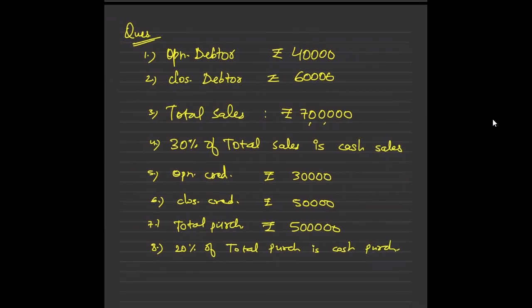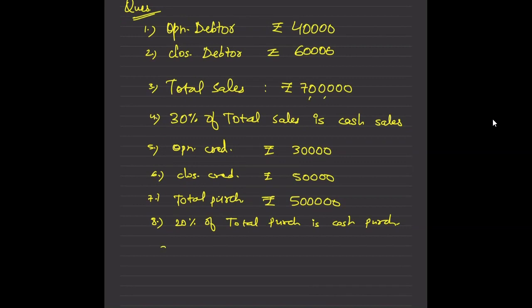What you have to do out of this information? You have to calculate debtors turnover ratio and creditors turnover ratio. So let us solve this question together.